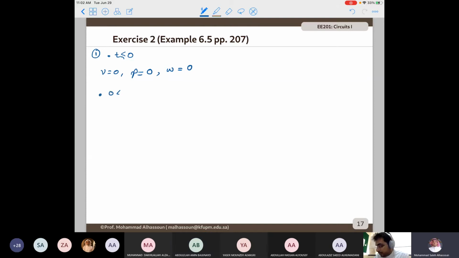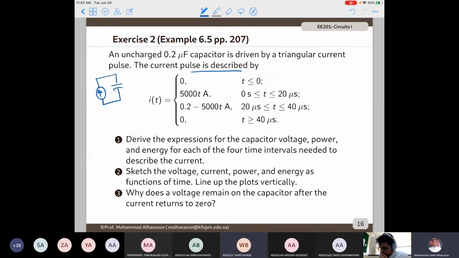Now let's move on. For t between 0 and 20 microseconds, the voltage will be 0, also the power and the energy? No, we have a current here.